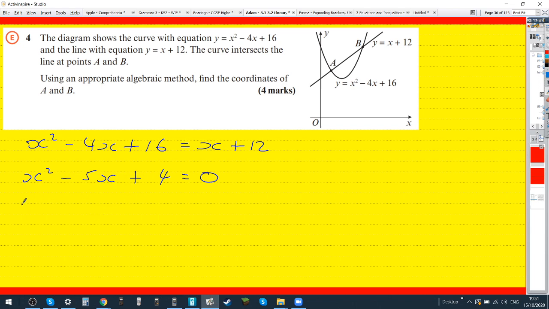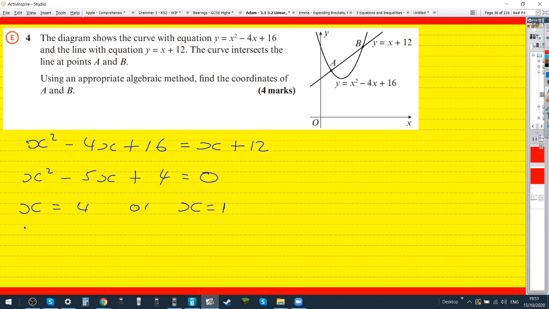So it'd be 1x squared minus 5x plus 4. So x1 is 4, and x2 is 1. And then you substitute it into y equals x plus 12.